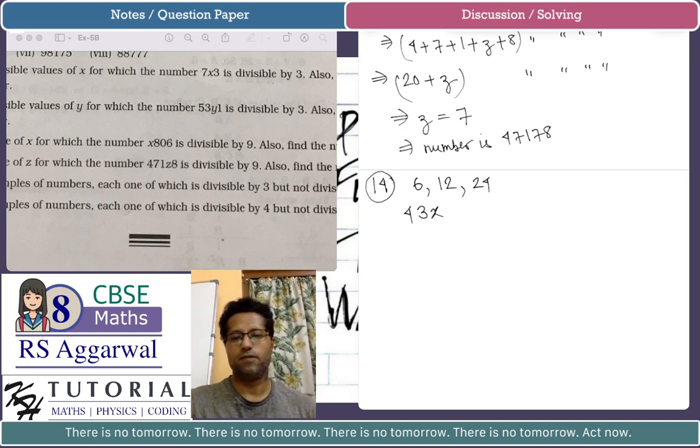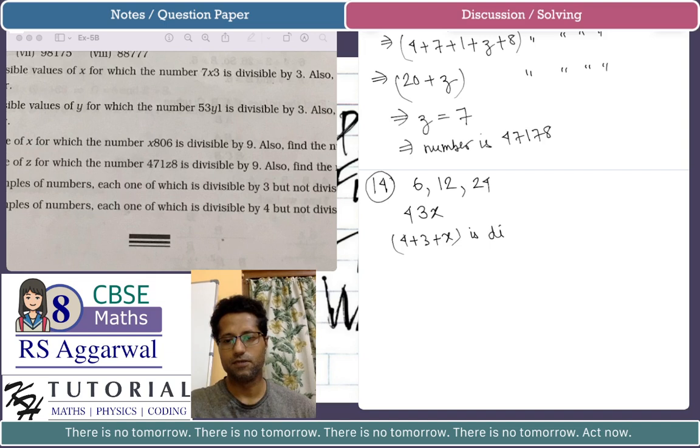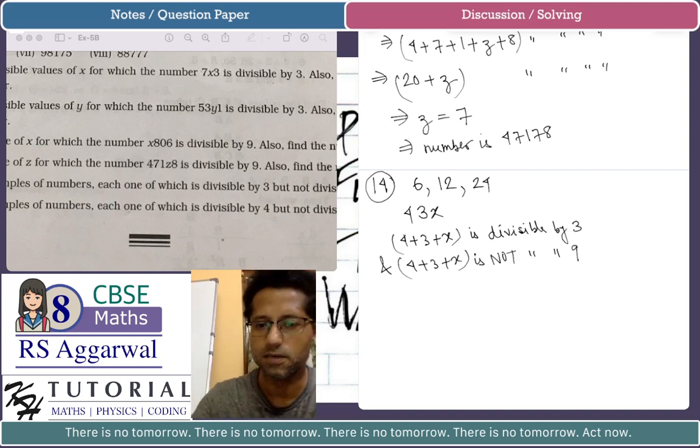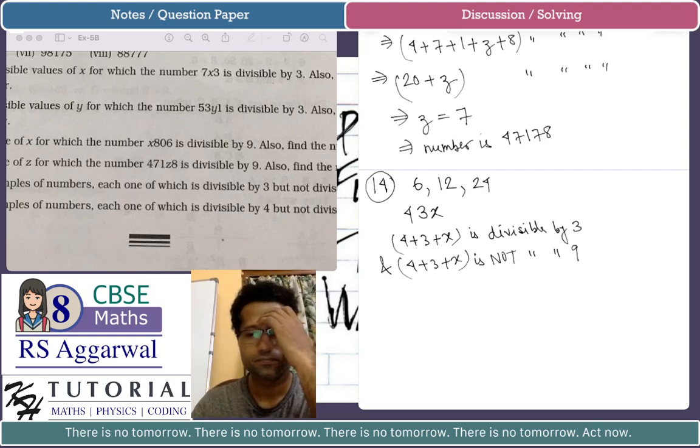We have to find the digit x such that the sum of the digits, 4 plus 3 plus x, is divisible by 3 and is not divisible by 9. What can such x be? Definitely x is a digit.